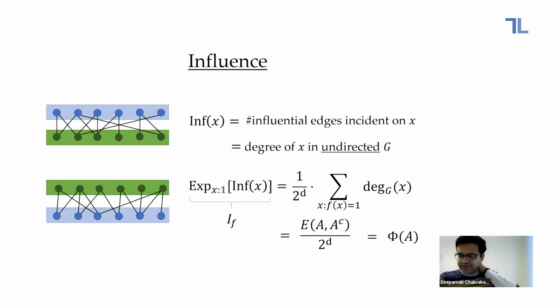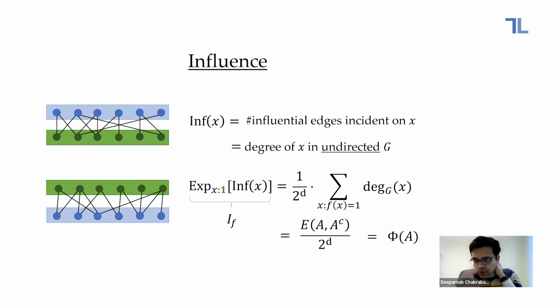But this phi of A quantity, the number of edges, is nothing but the average influence, or the average sensitivity, as it is called in Boolean function. I'm looking at the influence of any vertex picked at random.